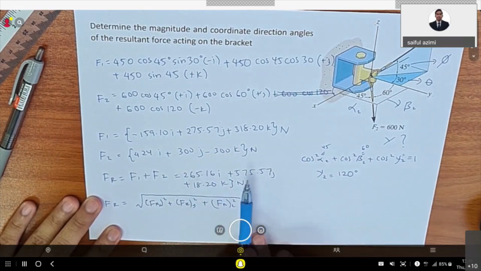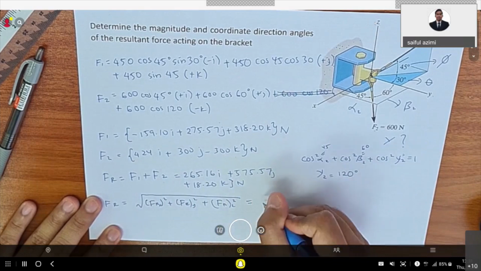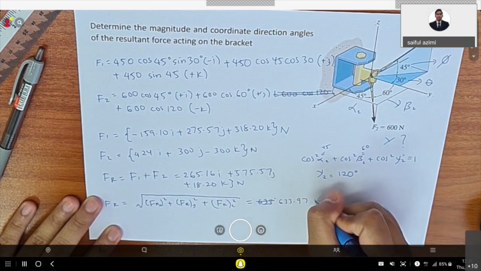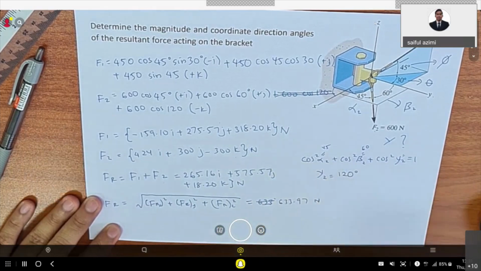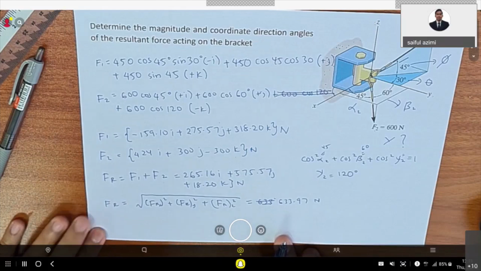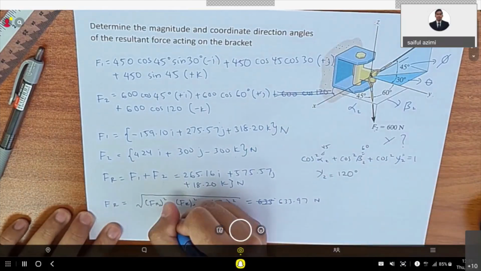So you square all of this and you will get your Fr. So it's like 633.97 Newton. Maybe you can round it to 634. So this is the magnitude.